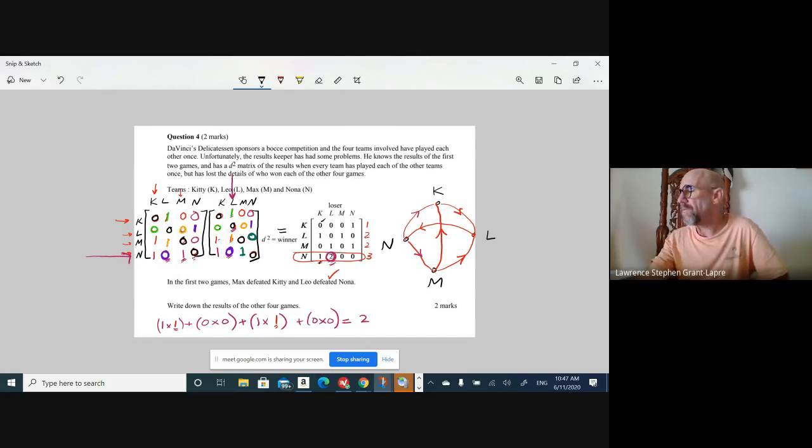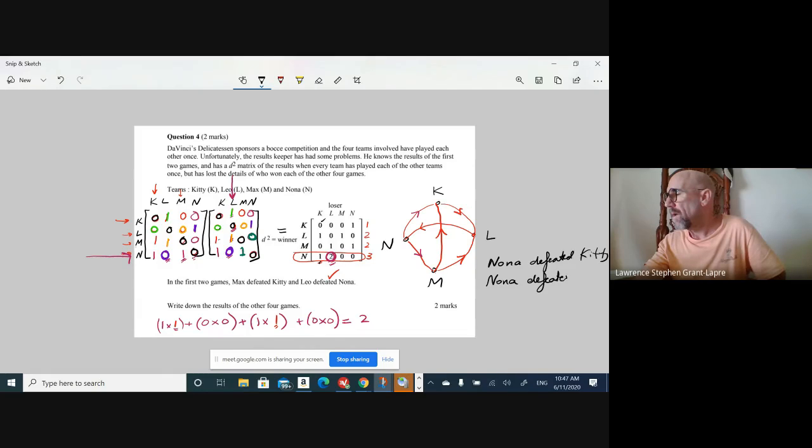Write down the results of the other 4 games. Therefore, the other 4 games are: Nona defeated Kitty. Nona defeated Max.